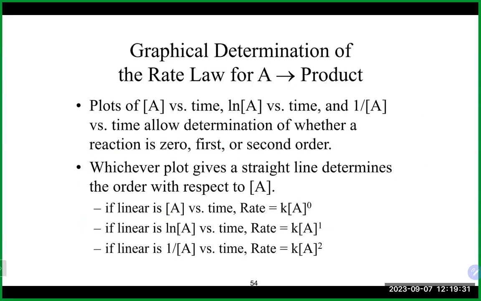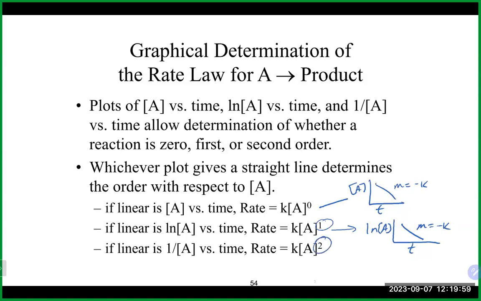Also, graphically, as we talked about, you do need to know the 3 graphs that are associated with each of these. Once again, if we have zero order, that is going to be our concentration versus time, giving us a negatively sloping line. If we have first order, that would be our natural log of A versus time, also giving us a negatively sloping line.